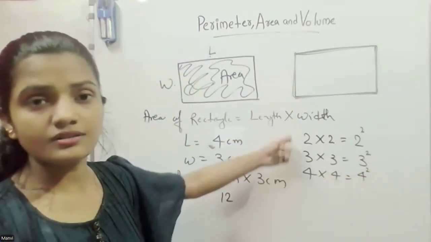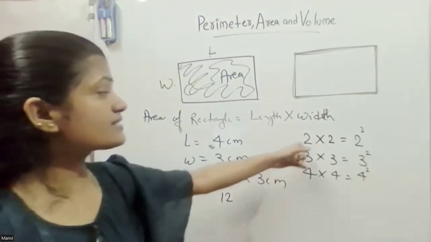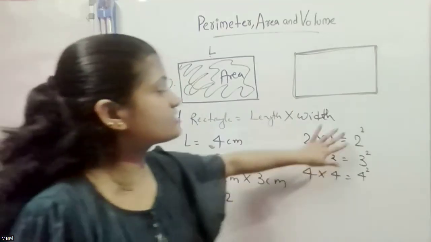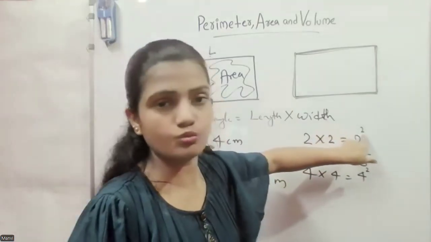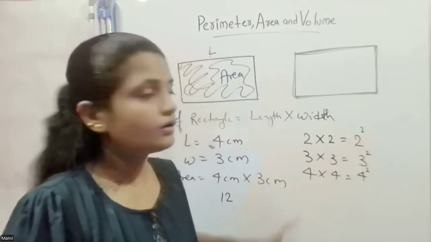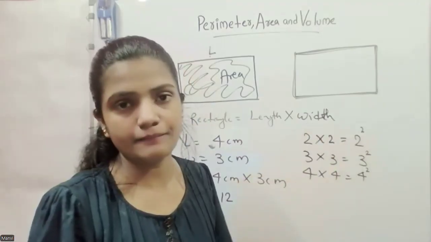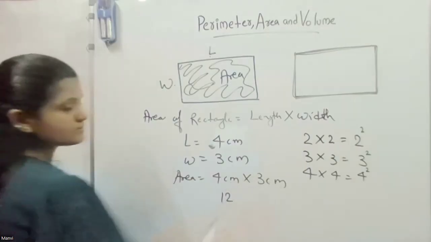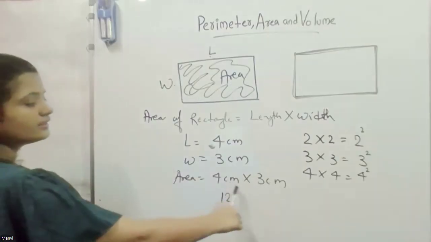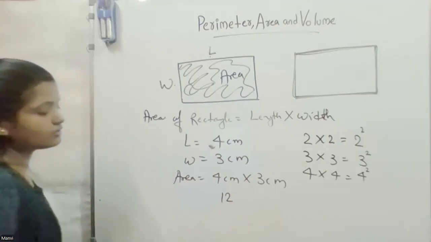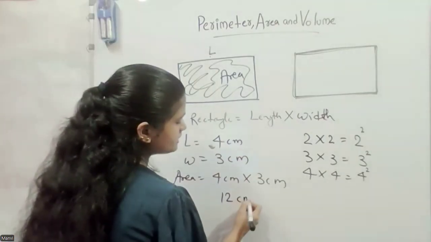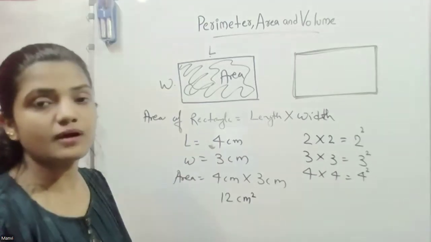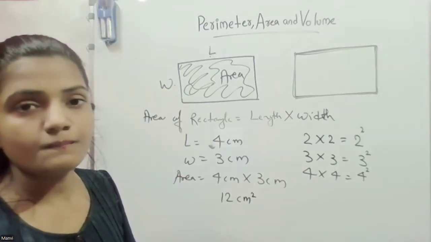So whenever we multiply the same thing, in a simpler way we can write it with the power of how many times we are multiplying. Here we are multiplying centimeter 2 times, centimeter times centimeter. So the unit must be centimeter square, which is centimeter with the index power of 2. Is it okay?